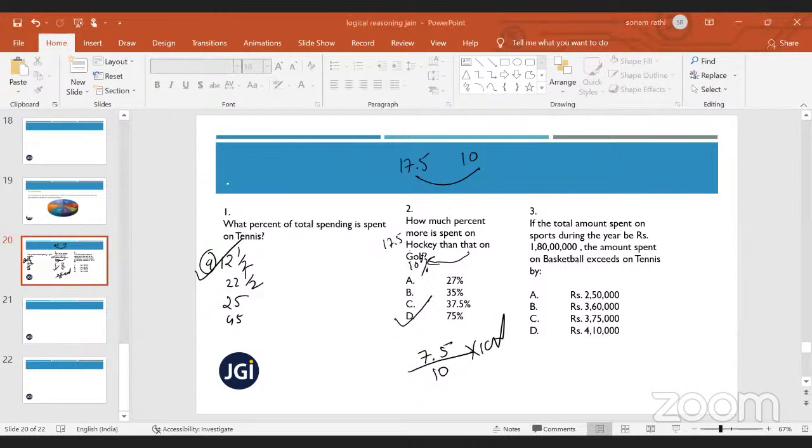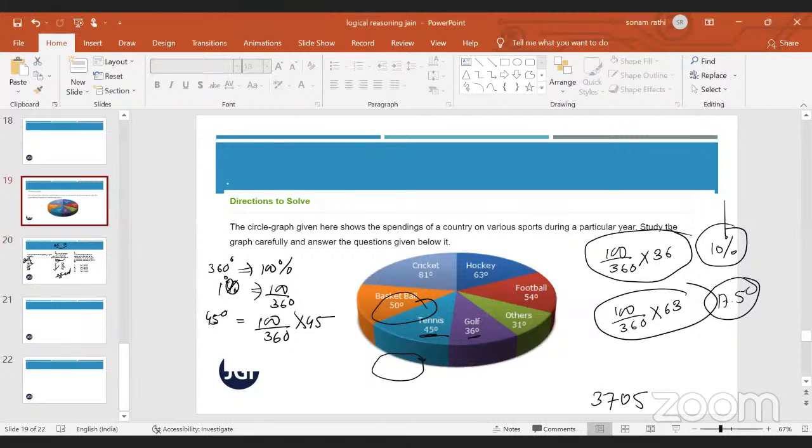Okay, question number 3. If the total amount spent on sports during the year is 1 crore 80 lakhs, then the amount spent on basketball exceeds tennis by how much? So basketball minus tennis. Basketball is 50 degrees, convert it into percentage, and convert tennis also into percentage. Tennis we have already calculated, that is 12.5%, right?